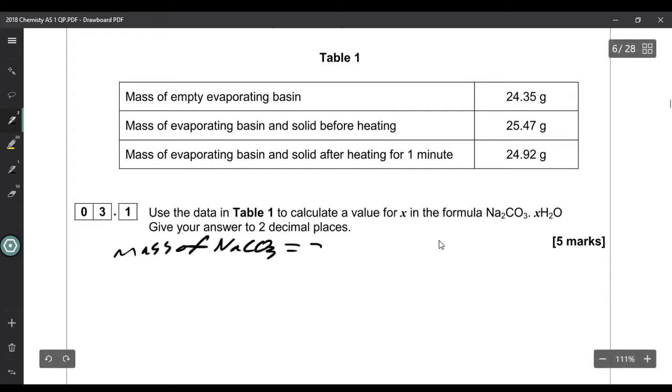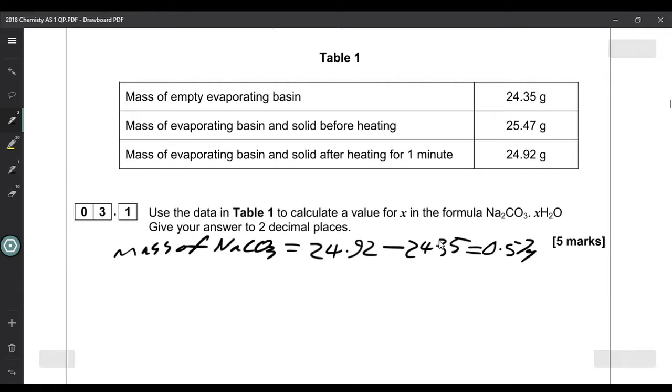So that's going to be 24.92 minus 24.35, which gives us 0.57 grams of sodium carbonate.